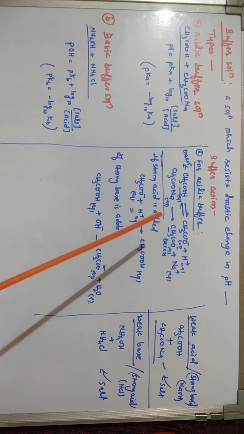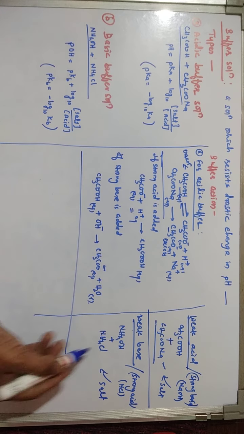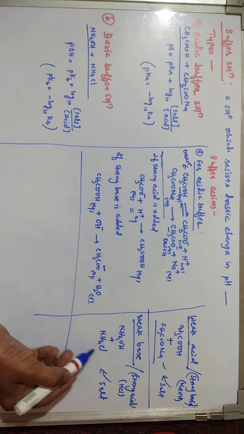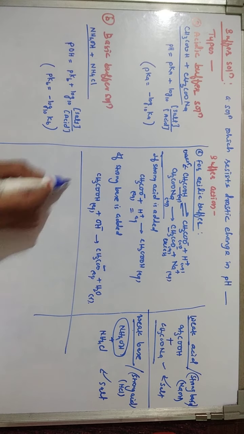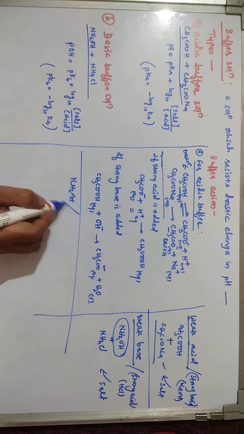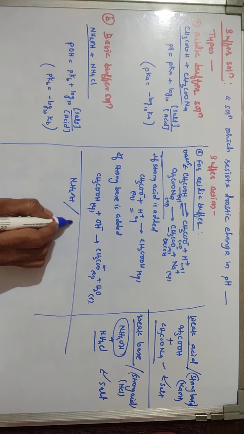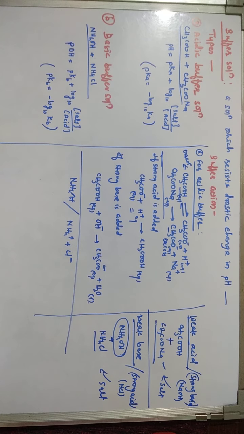In the same way, you can explain for the basic buffer also. What is the basic buffer? This is the basic buffer. Here NH4OH is present in large excess, being weak, and the salt dissociates to give Cl minus.